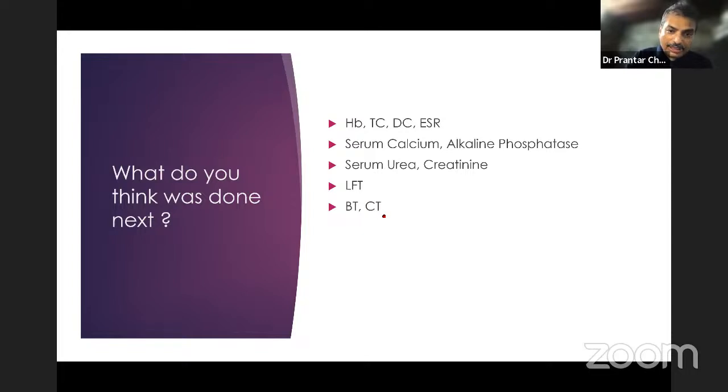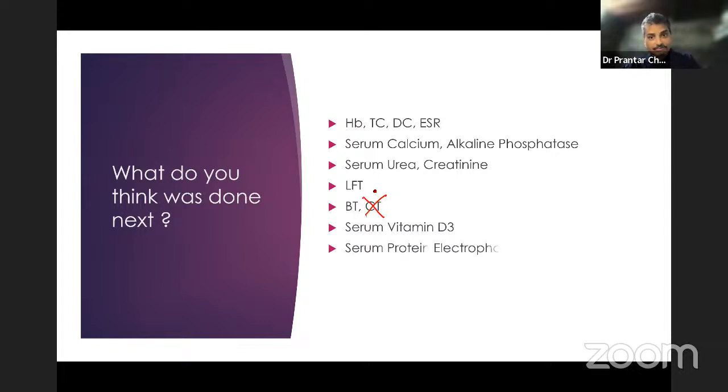Let me tell you, CT has died 20 years back, so clotting time is of no importance at all. If you're suspecting a bleeding disorder or if you want to do an intervention, please at least get a PT and APTT done. But most important is history.